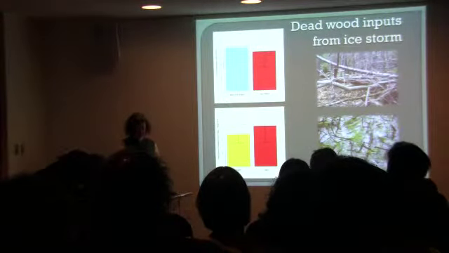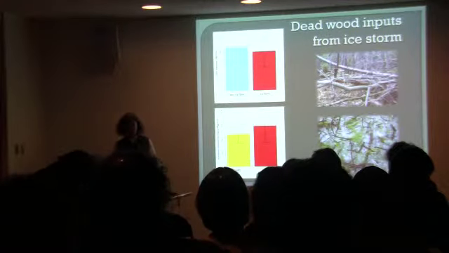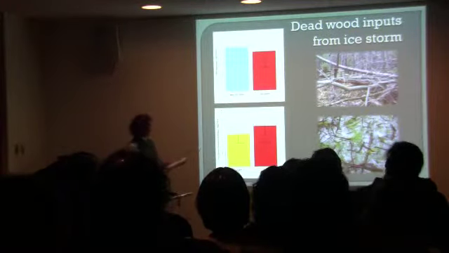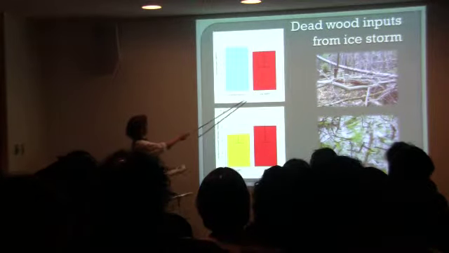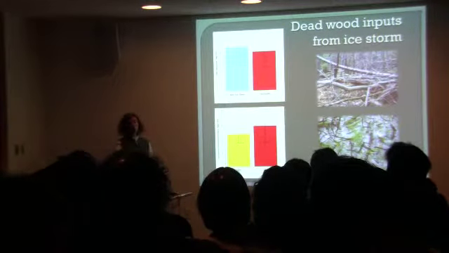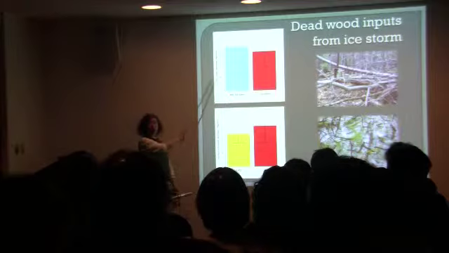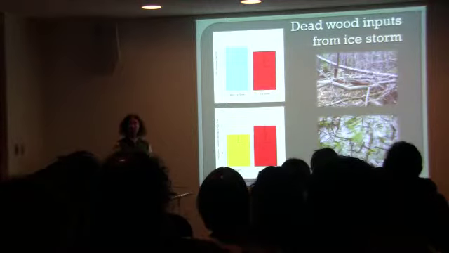And then there was also a big bump in deadwood inputs after the ice storm. Both in terms of coarse woody debris, we can look at the top graph: inputs from the ice storm were nearly the same as the last 3 years combined. So in other words, it's about triple your normal input of dead wood after the ice storm.